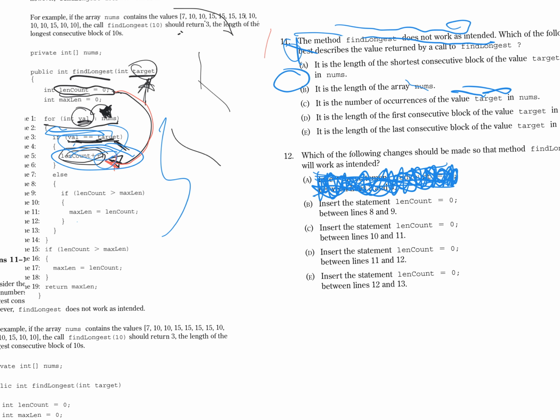Otherwise, if you reset length count to 0, this condition will never be true. So it can't be that one. Or C, between 10 and 11, you still have the same problem there. You're resetting it before you're updating max length. So that's not going to work.